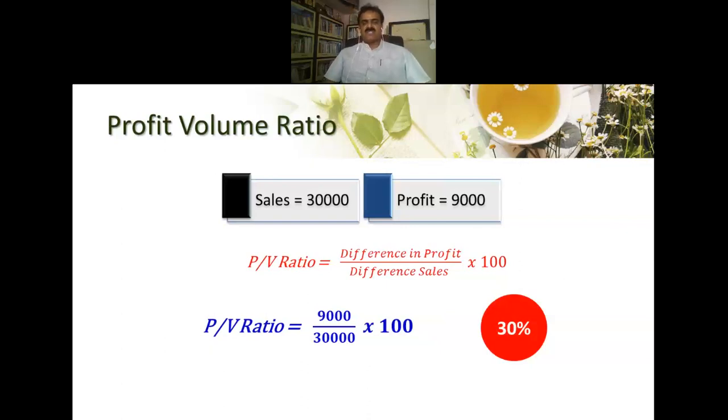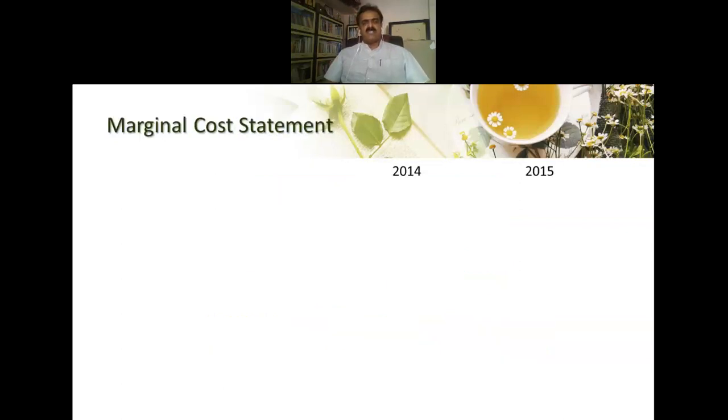Once the PV ratio is calculated, then we need to calculate fixed cost and variable cost, because we are not aware of the fixed cost. Unless we have the fixed cost, we cannot calculate the break-even point, because break-even point equals fixed cost divided by PV ratio. In order to calculate the fixed cost, prepare one simple marginal cost statement for two different years, where you have to get the same amount of fixed cost.